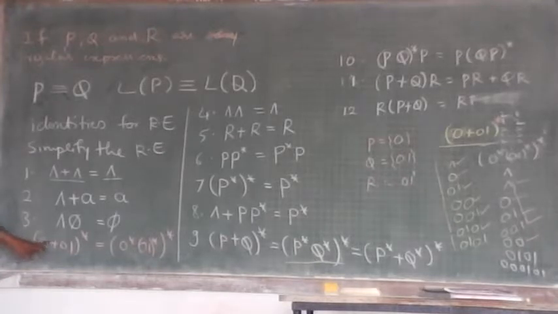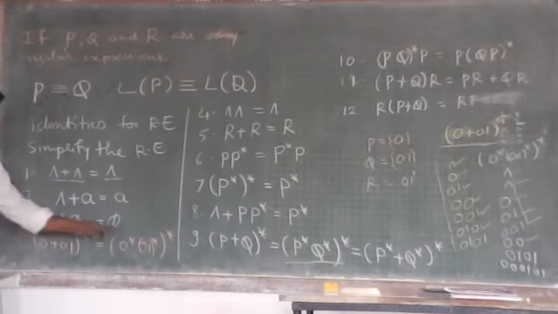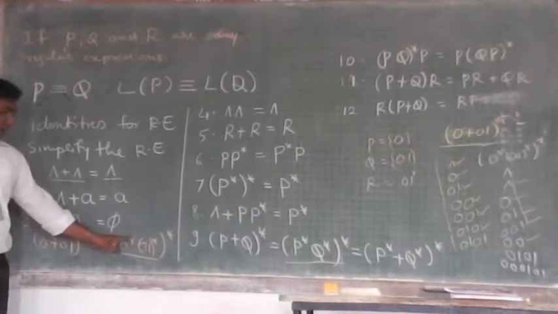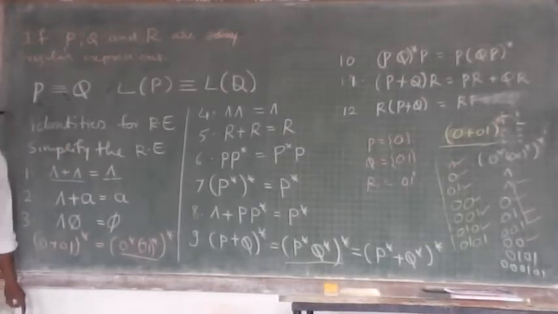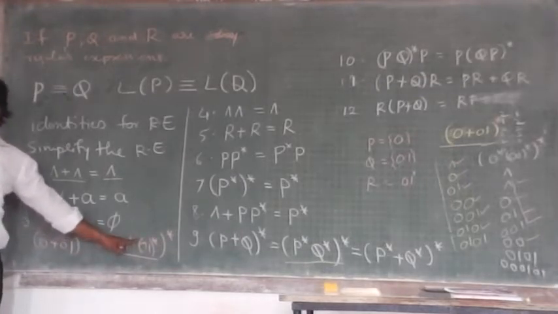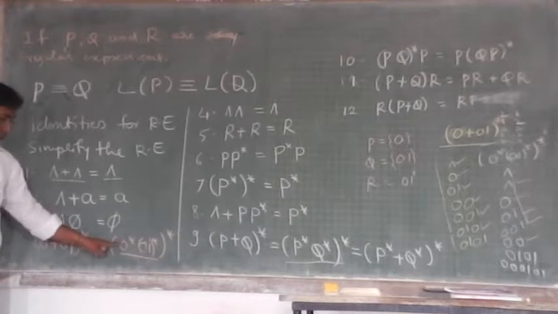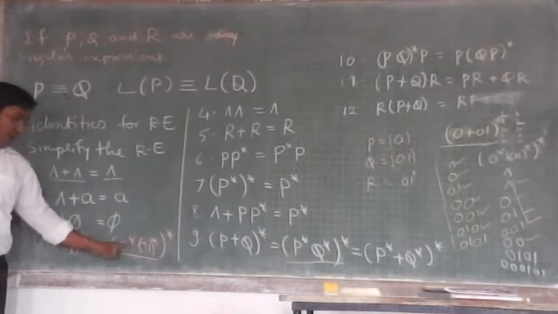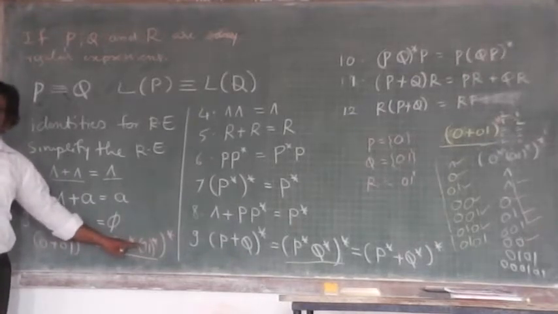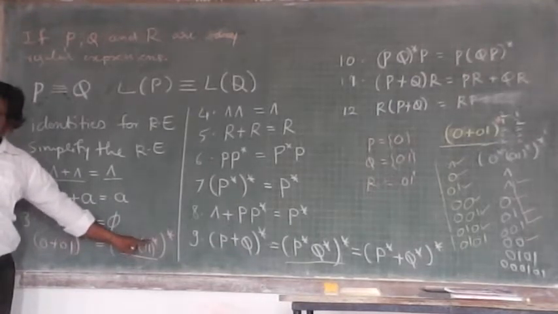Here I am having 0 plus 0 1, which means 0 or 0 1. Exactly this kind of behavior I can find in this part of the regular expression. 0 star, even though I am having an and here in between these two sub expressions, they are acting like an or, because 0 star and 0 1 star whole star is equivalent to 0 star or 0 1 whole star.